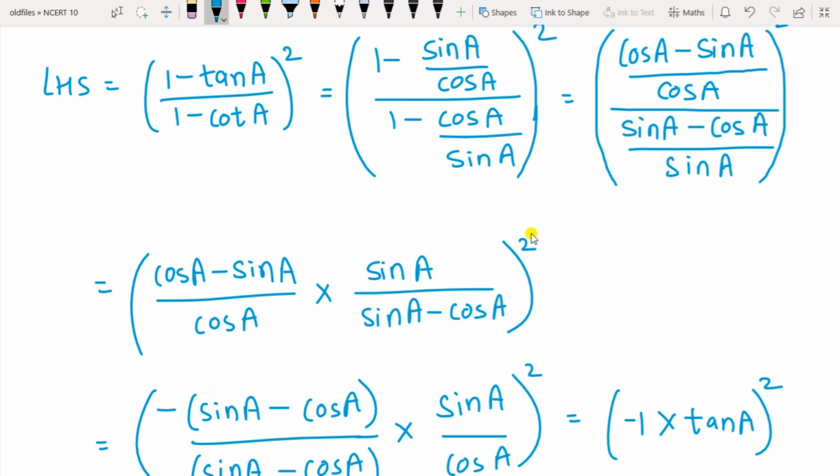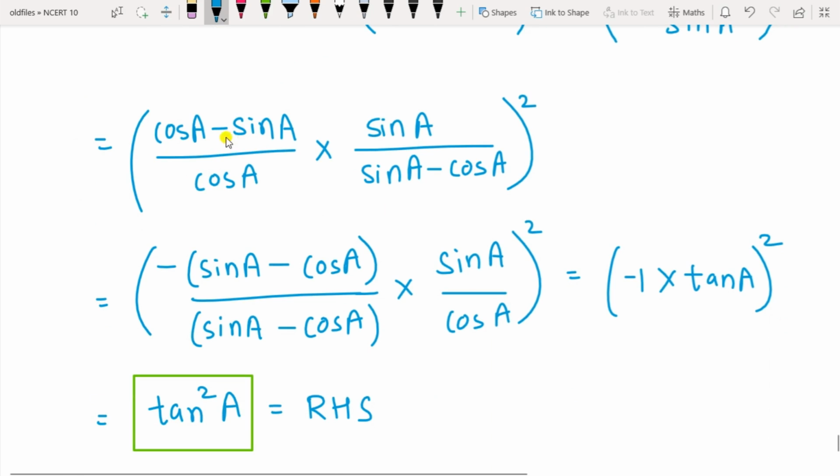Now if you take the minus sign of this bracket outside, it will be sin minus cos here, and this sin minus cos we can cancel from the numerator and the denominator. What will remain is minus 1 into sin A upon cos A. Sin upon cos is tan, and minus 1 square is 1, and tan square is tan square A. So that is your RHS.